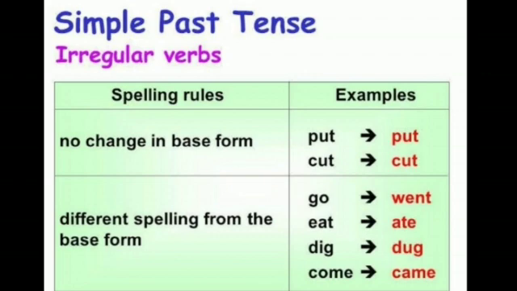Then some spellings change completely, meaning a different spelling from the base form. For example, go becomes went, eat becomes ate, dig becomes dug and come becomes came. This way it changes completely.